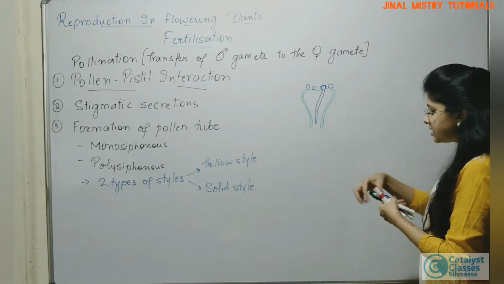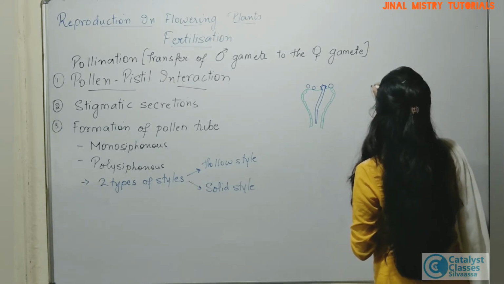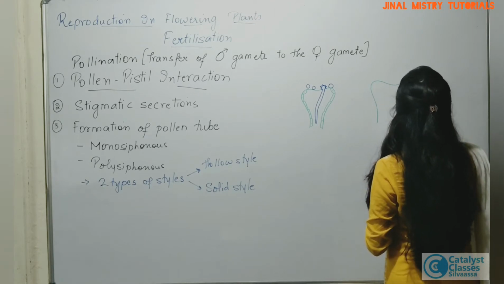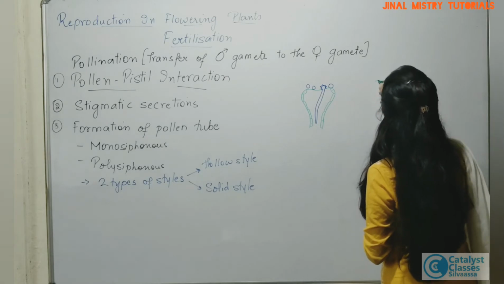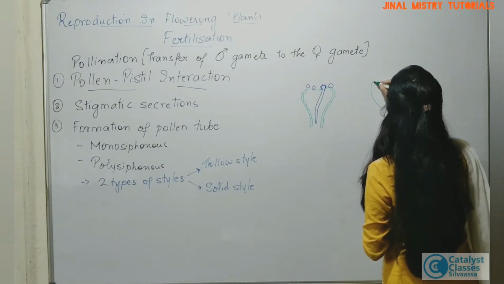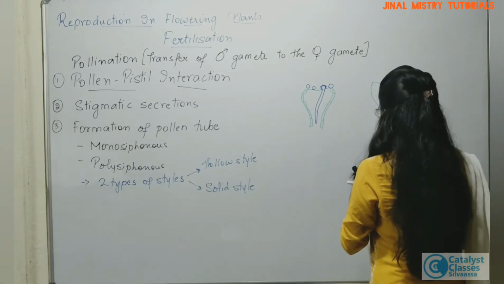Okay. The second style, as I told you, is the solid style. Now, when we talk about solid style, it is compactly arranged. It has cells present in it which cover the complete surface.